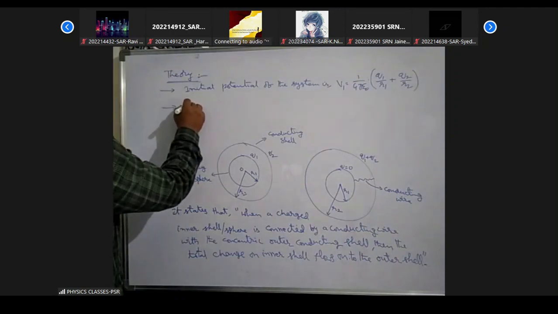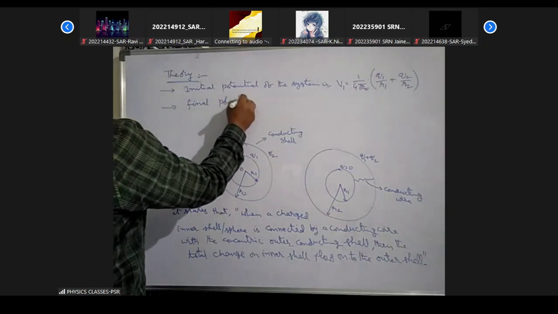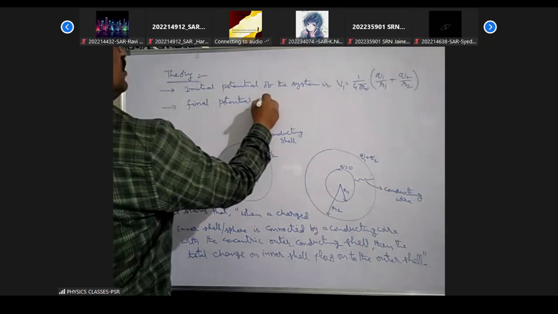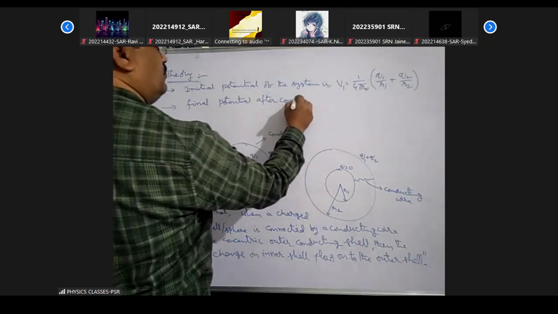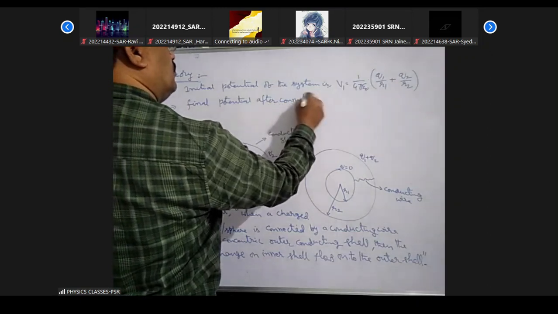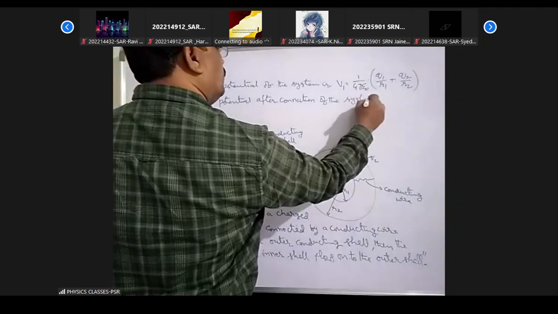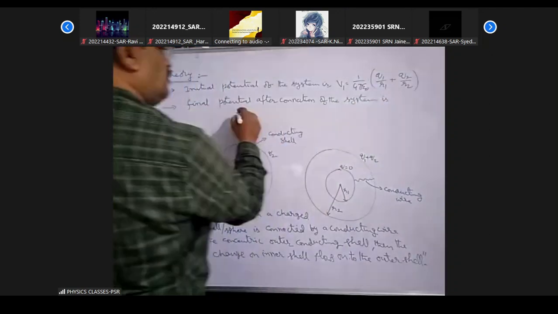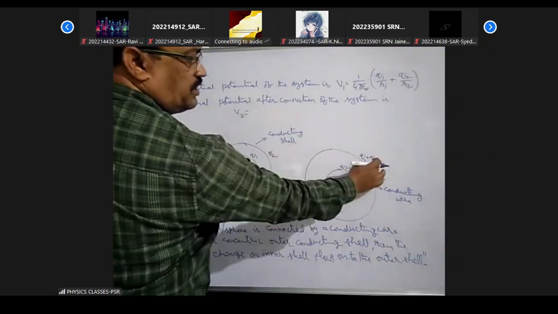Next, the final potential of the system after connection, let us say V2. There is no charge on the inner shell, but the total charge flows onto the outer one.